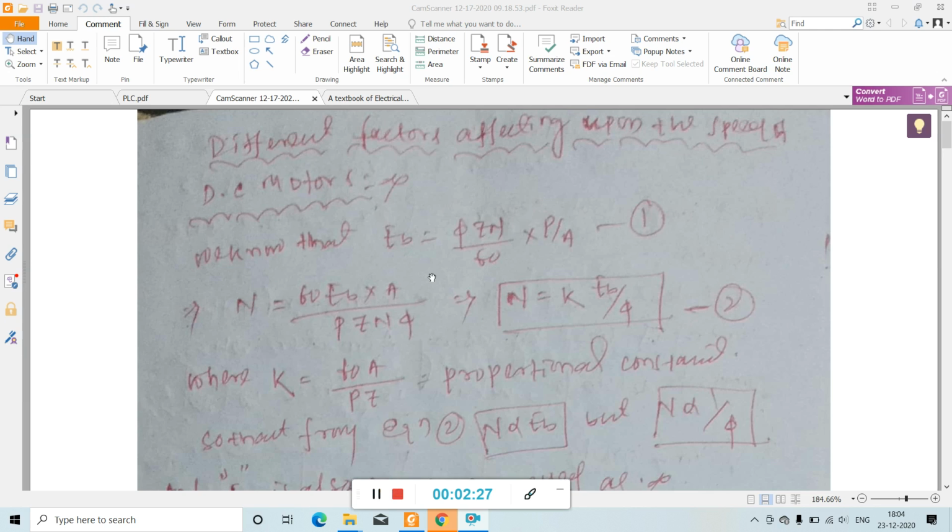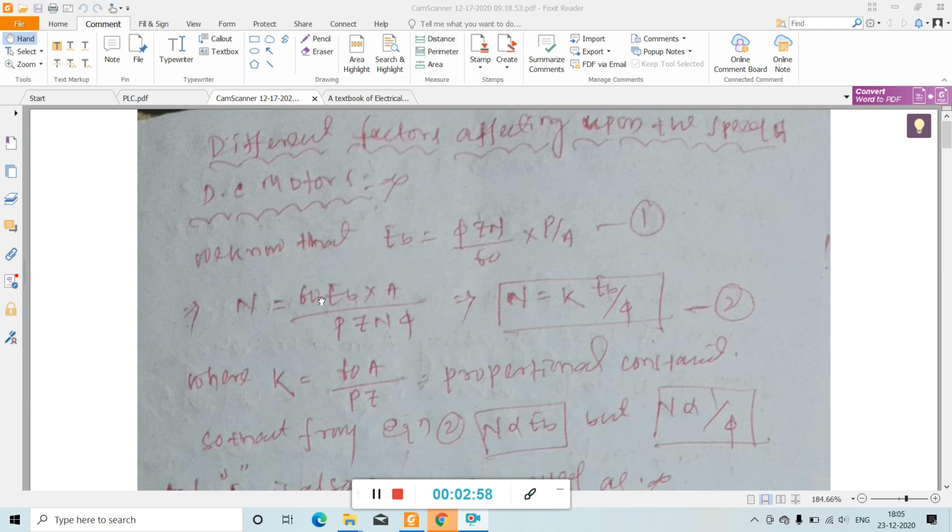So here N basically represents your speed. From equation 1 we can find N equal to 60 EB into A divided by P Z phi. In case of DC motor, the number of poles is constant, the number of parallel paths in the armature, A, is also constant, and Z, the number of conductors, is also constant.